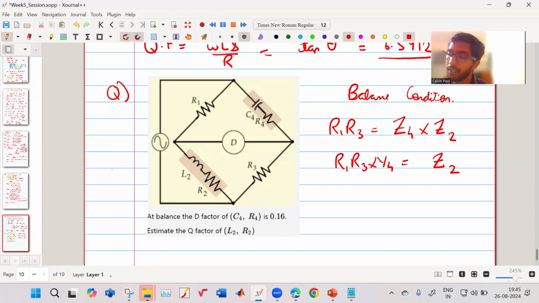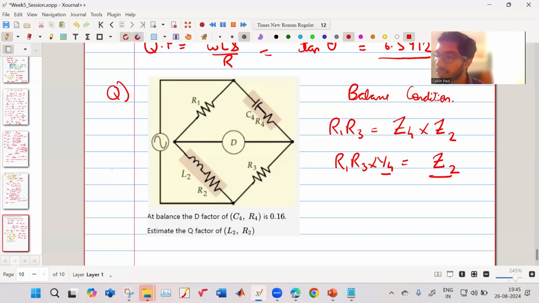Because when your capacitance and resistor are in series, the admittance is easier to find. And in an inductor, the impedance is easier to find when it is in series. That's why I bring it in terms of admittance of your series RC and impedance of your series RL. So this makes it easy.